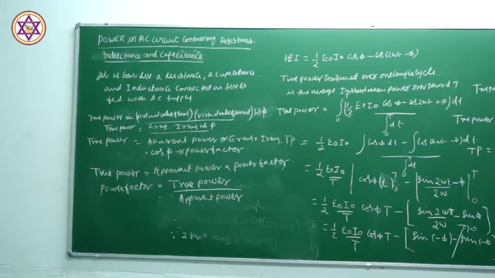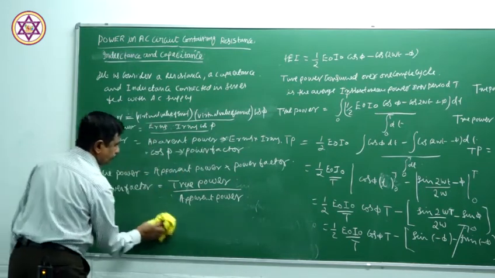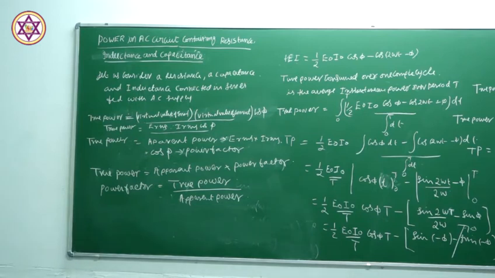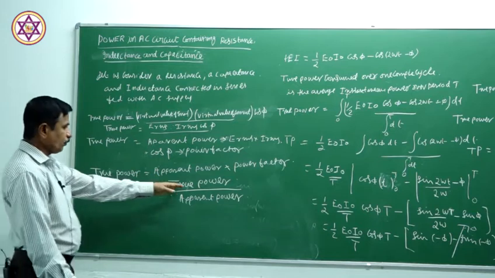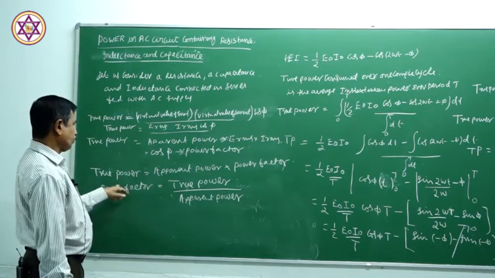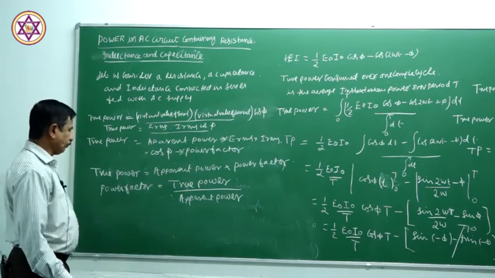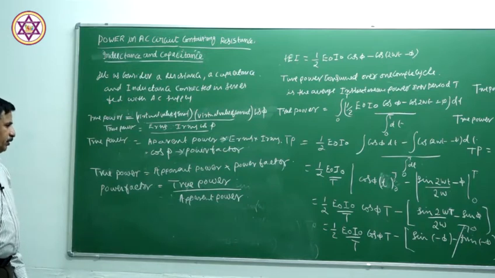The power factor is denoted by cos phi. The ratio of true power to the apparent power in the circuit is called the power factor.